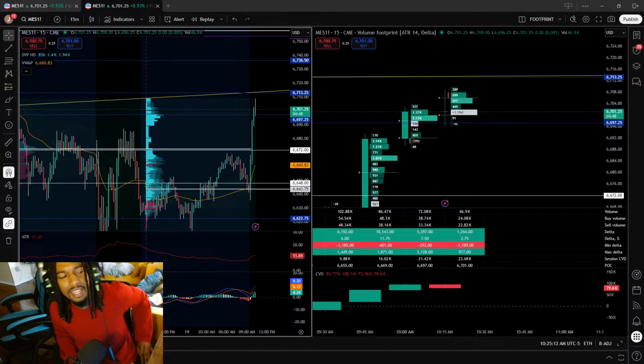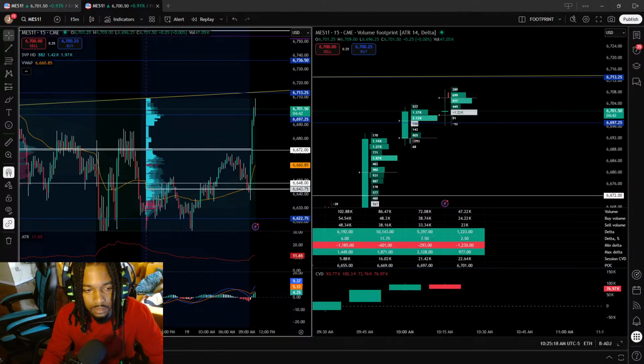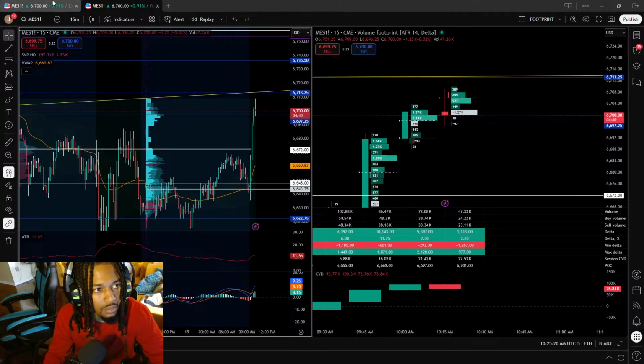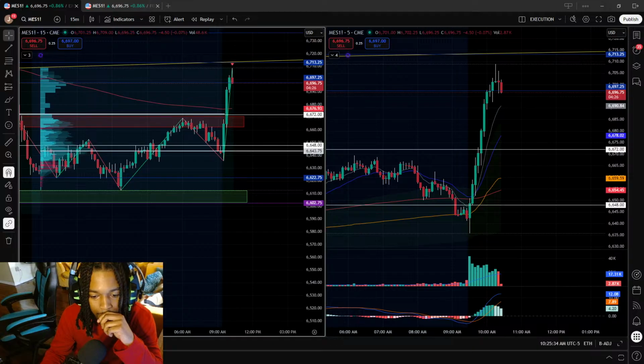Give me my 1,000 so I could walk away. Oh, there's that next 5 minute. But we need more of a top and wick before the sell-off. Damn, we need more of a top and wick before that sell-off.